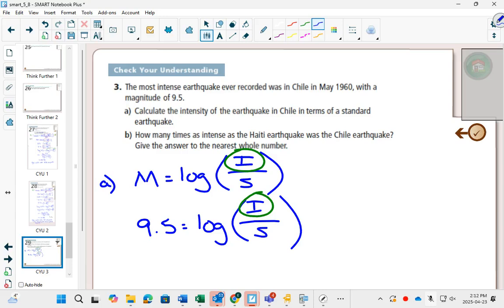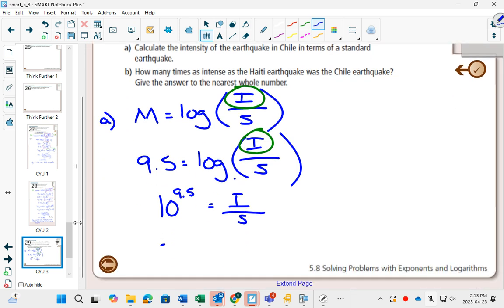Then the hardest step is once you have a single logarithm, you use the definition and change it to exponential form. In other words, in exponential form, the base is 10, the log solves for an exponent, so that becomes the exponent, equals I over S.